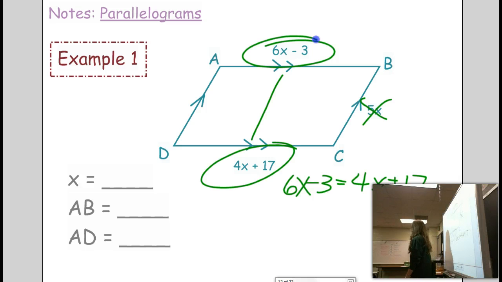The only way you could mess this problem up is by trying to shove 5x into your equation somehow. 5x doesn't go in your equation, so don't try to force it.